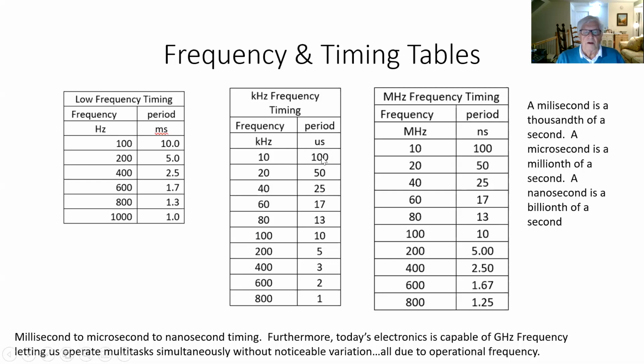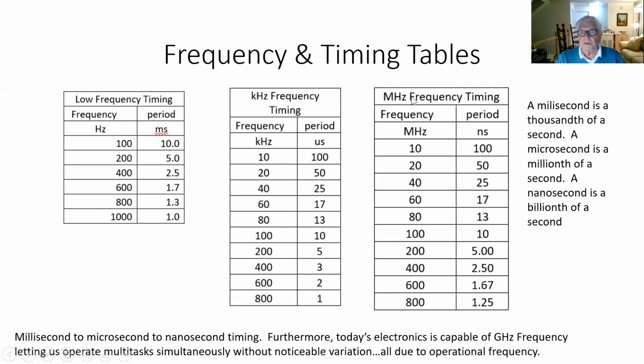So at 100 microseconds is the period for a 10 kilohertz signal. If you get up to 800 kilohertz, which is fairly high frequency, you're down to 1 microsecond interval, something that happens every 10 to the minus 6 seconds. That's unbelievable. But that is the nature of our electronics.